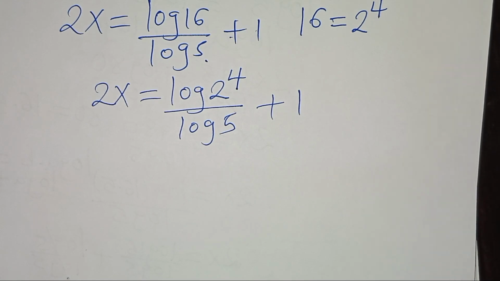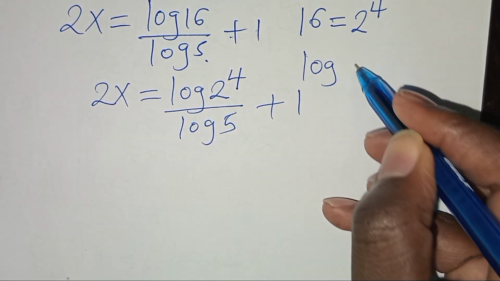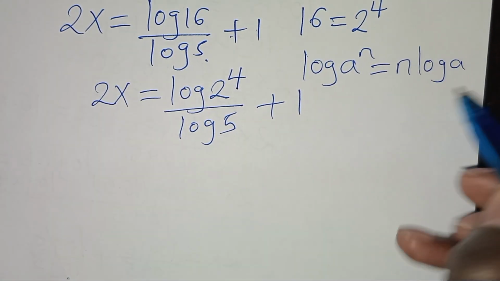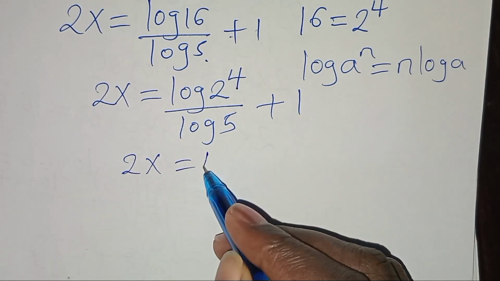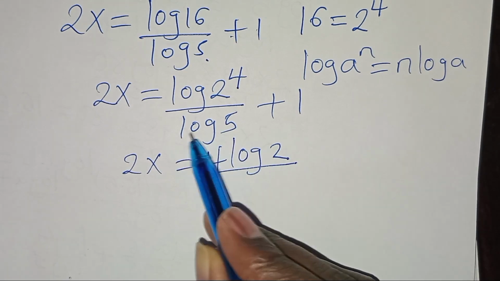So the next step here, we find that log 2 to the power 4 is in the form of log a to the power n, which we can express as n log a. So let's apply this property. So we'll have 2x equal to 4 log 2 divided by log 5.